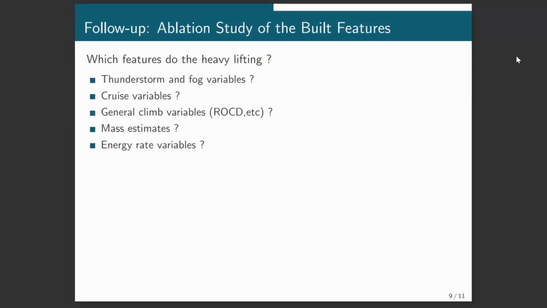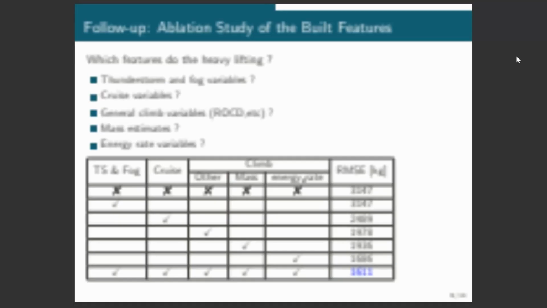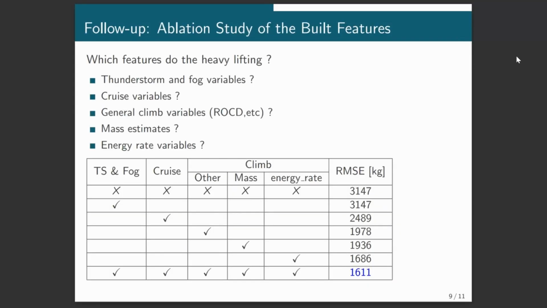Okay, so now the competition is finished, so we can take a step back and see what features make it work. So to do that, I've done some ablation study. So here, on the bottom line, we have trained the model with all the features.